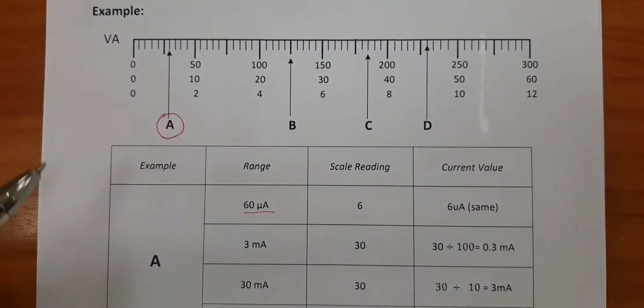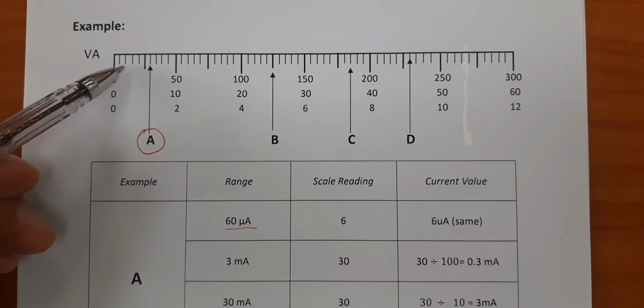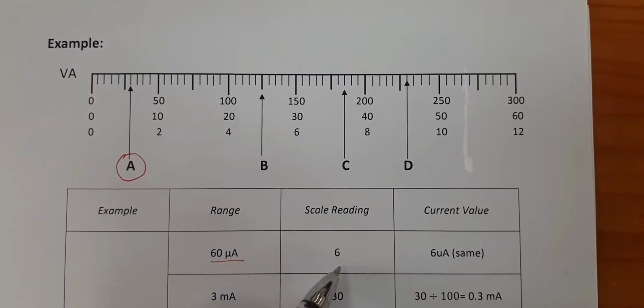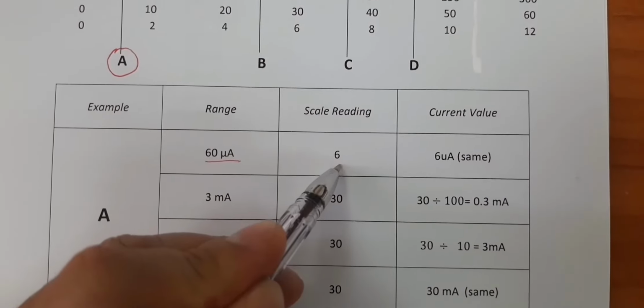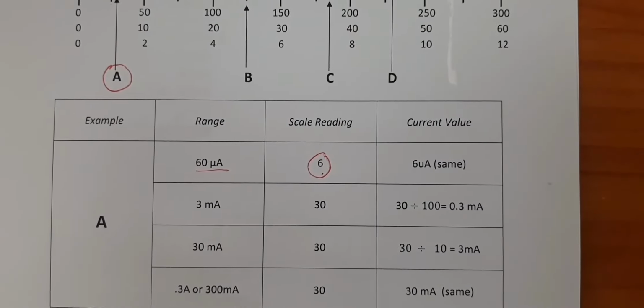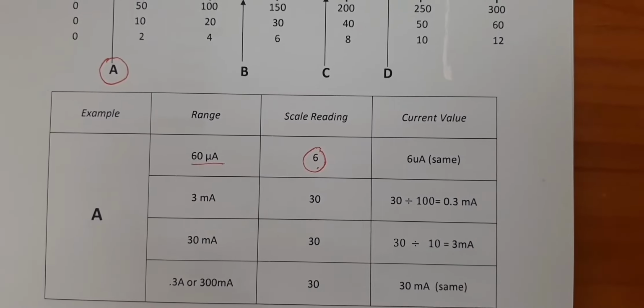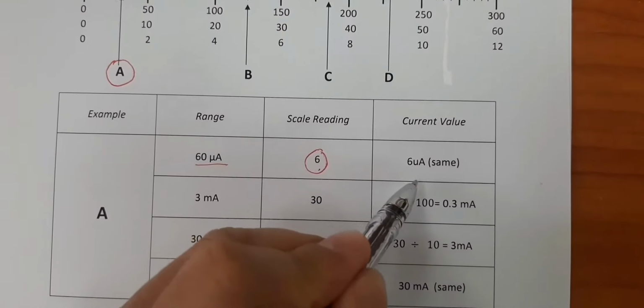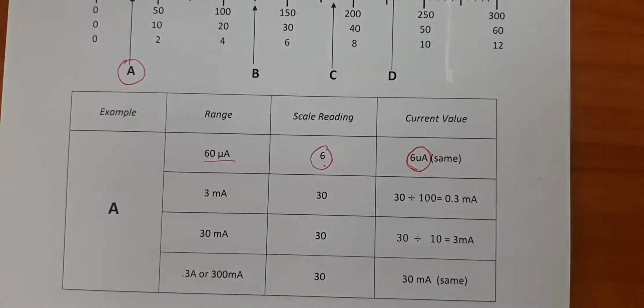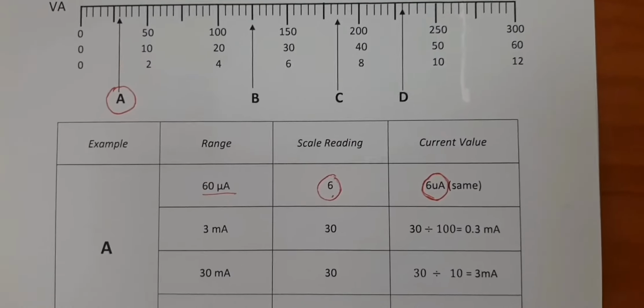So 1, 2, 3, 4, 5, 6. We have a scale reading of 6, then the actual reading is 6 microampere. So simple, right?